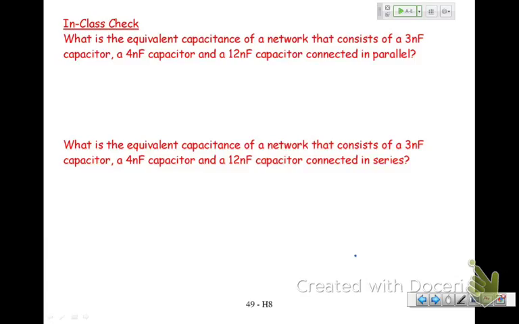What is the equivalent capacitance of a network that consists of a 3 nanofarad capacitor, a 4 nanofarad capacitor, and a 12 nanofarad capacitor connected in parallel? So, first capacitor, second capacitor, third capacitor, and this is 3 nF, this is 4 nF, and this is 12 nF.